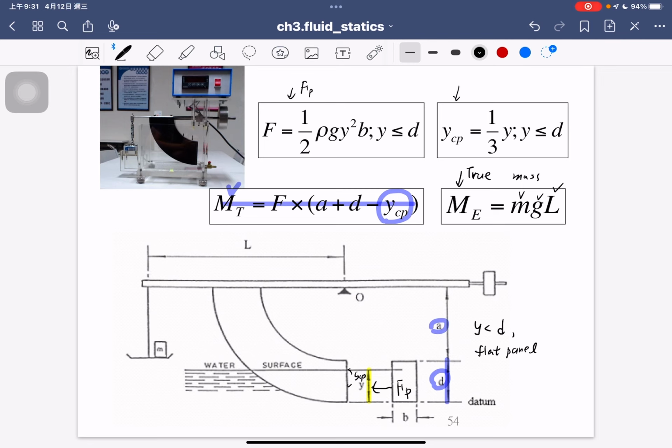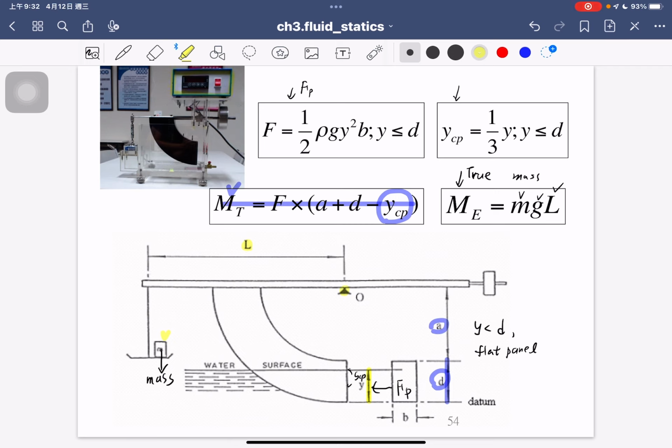So where is the n? The n is here. So we know the mass acting here, and we know the capital length we have, and this is our point O. So how can we have the mass in here? As you can see, there is the recorder.